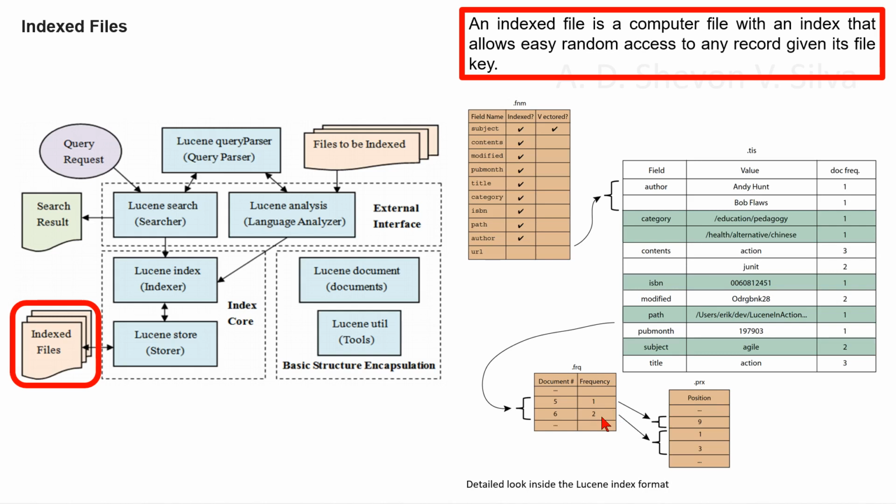For each document listed in the .frq file, the .prx file contains entries for each occurrence of the term within the document. The term positions: the .prx file lists the positions of each term within a document.